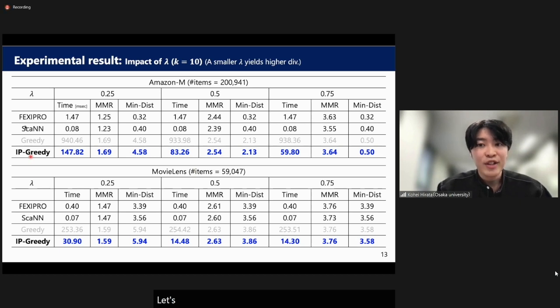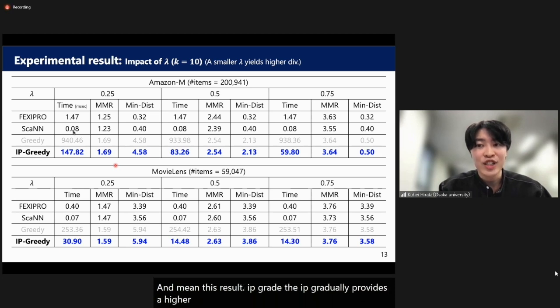Let's compare IP-greedy with the pure K-MIPS algorithms. From the MMR and min dist results, IP-greedy clearly provides higher diversity than the K-MIPS algorithms.